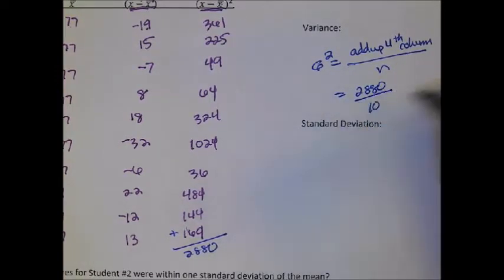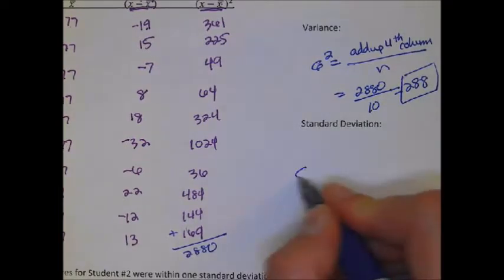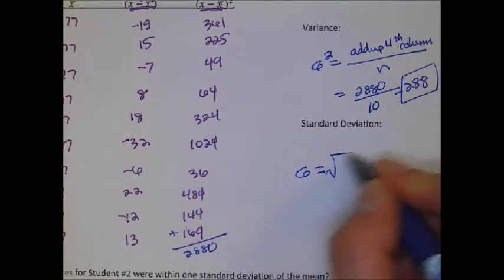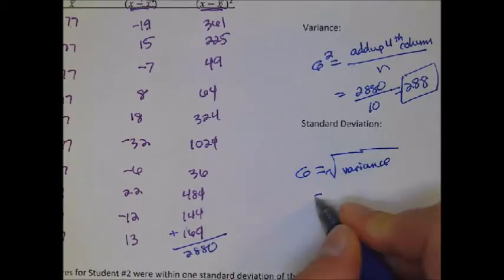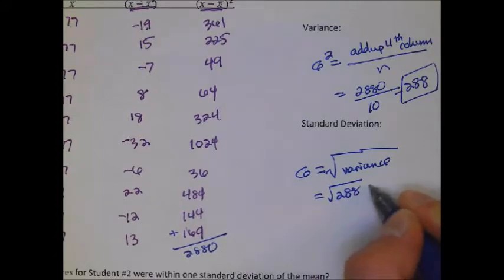And we have 10 numbers. So it's 288. And so my standard deviation, I take the square root of the variance. So I get 17.0.